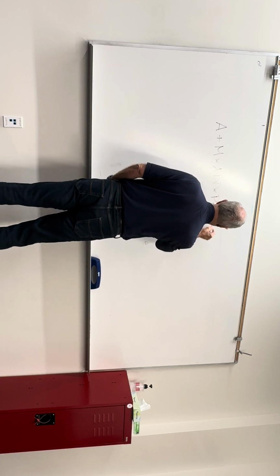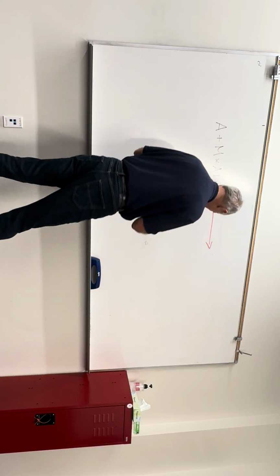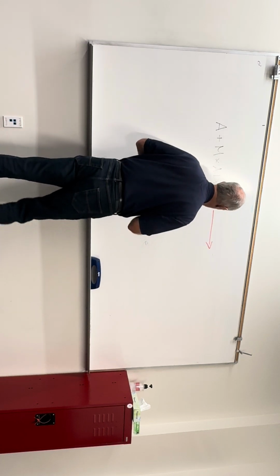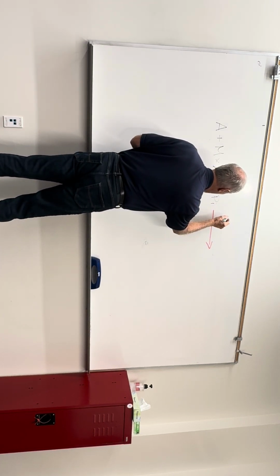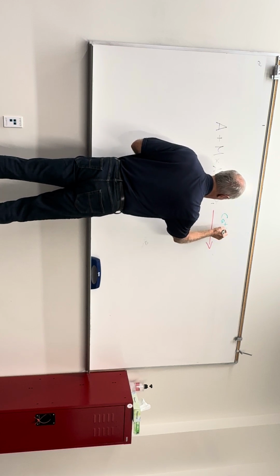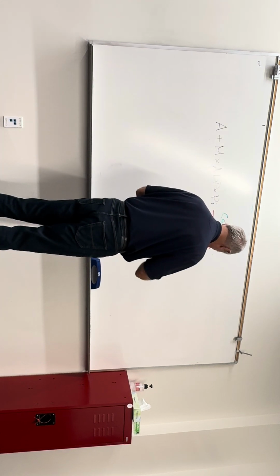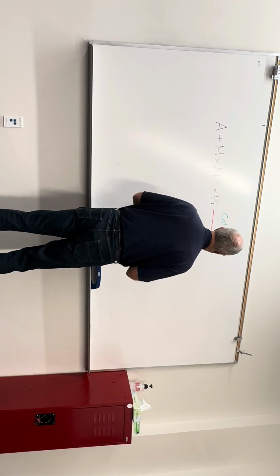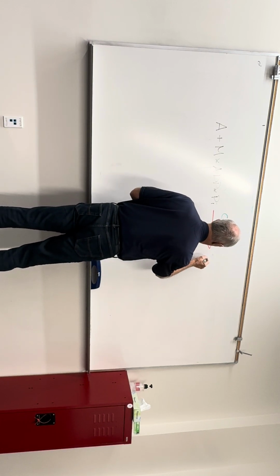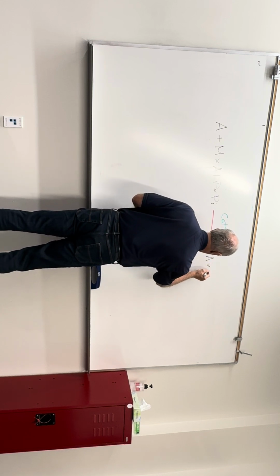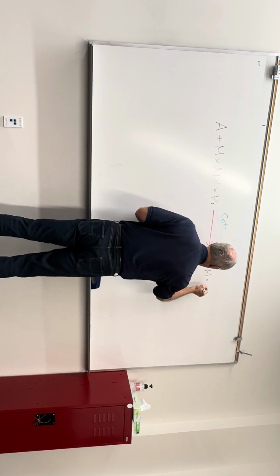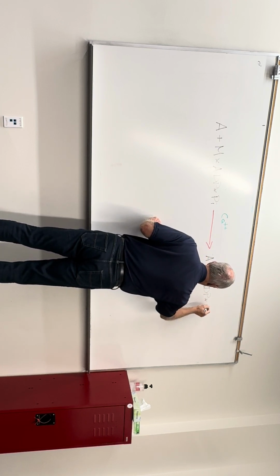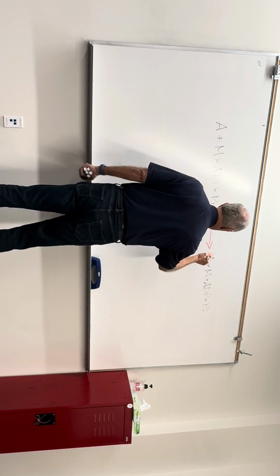This is the cross-bridge cycle. So in the presence of calcium, myosin will bind to the myosin binding site in actin. This is our attached state.